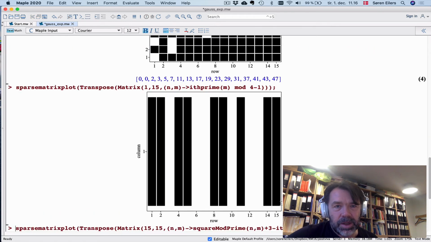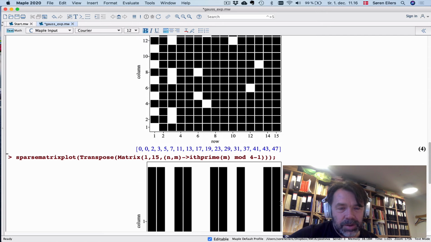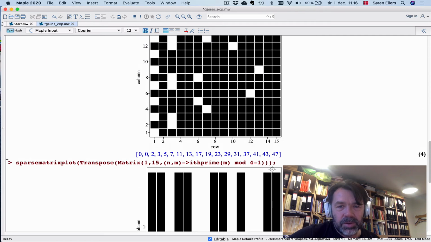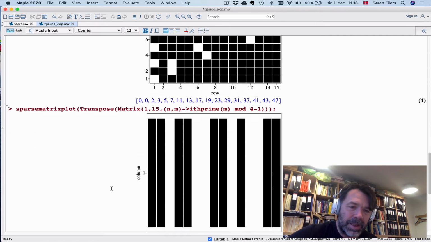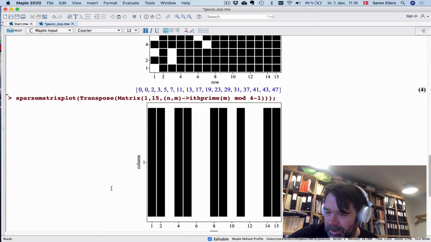So let's try to see if we can visualize that. What I'm doing here, again, is perhaps a little bit clumsy, but the point is that this is easy. I'm making a sparse matrix plot which checks what primes are 1 modulo 4, and I will get white if they are 1 modulo 4.